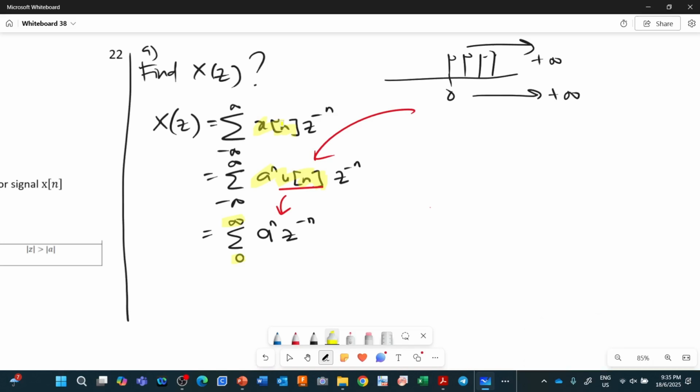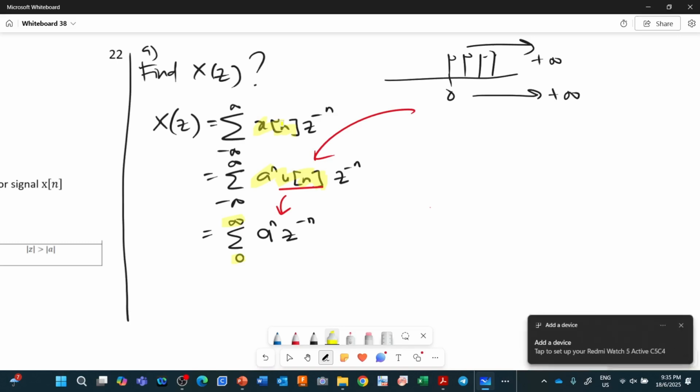By understanding that you are going to do the summation only for the right-sided part, we do it from 0 to infinity. Therefore u[n] disappears because we already translated it into 0 to infinity. Can you understand?